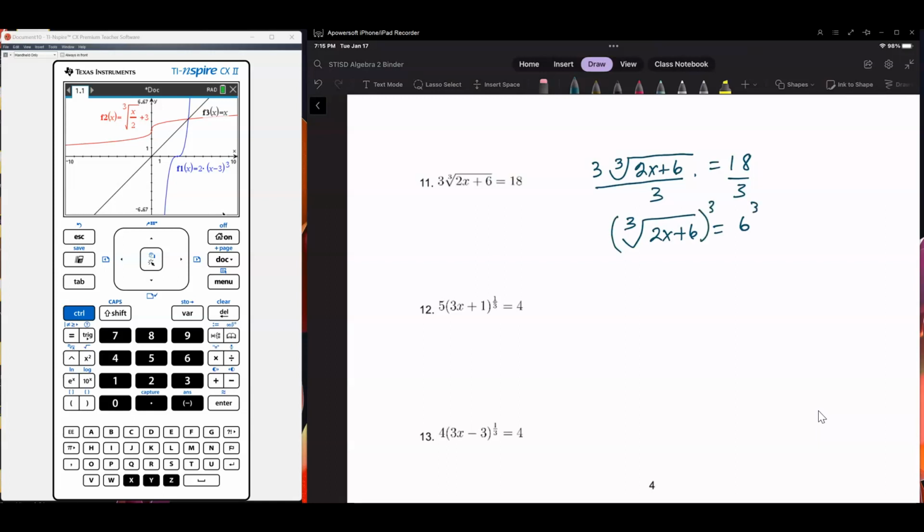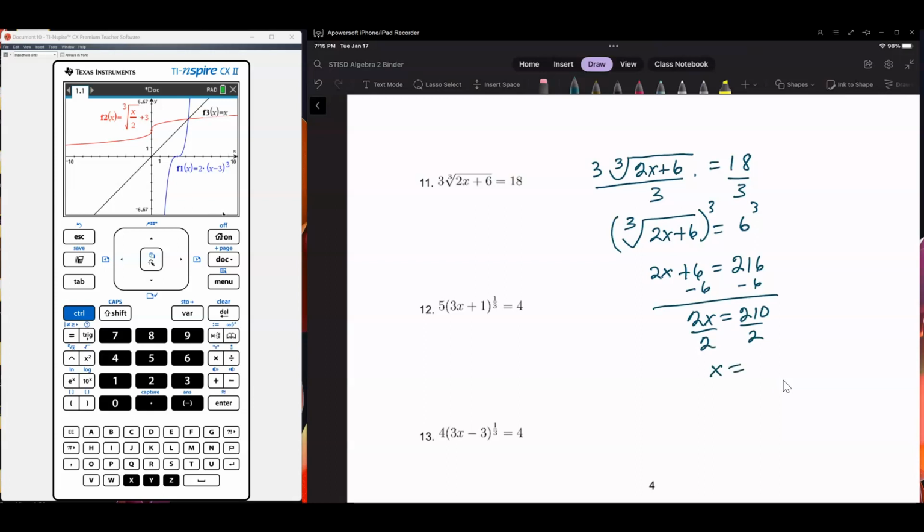So when you raise a cube root to the third power, it's just going to be 2x plus 6 equals 6 times 6 is 36. 36 times 6 is 216. We're solving for x, so you subtract 6. So 2x equals 210 divided by 2.